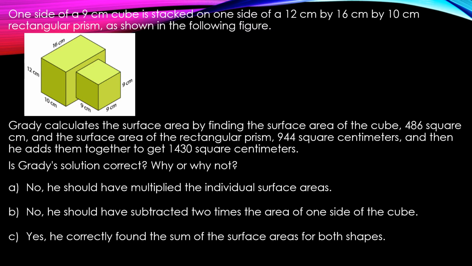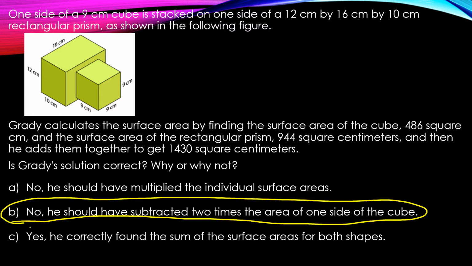Remember that when you are finding your surface areas, this is a good way to start, but you also have to remember to subtract the area where those surfaces meet. So no, he did not find the surface area correctly, because he should have subtracted 2 times the area of one side of the cube. He forgot to subtract that area.